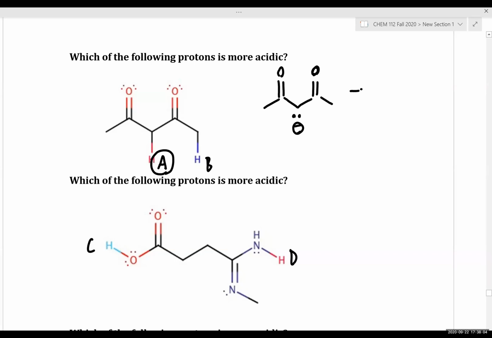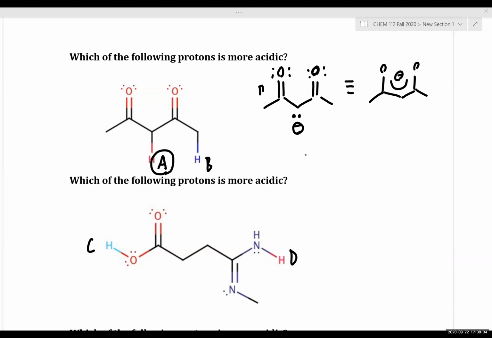In this case, we can clearly see that we can delocalize our anion into both of our adjacent pi systems. So we can really think of the conjugate base after removal of proton A to look something like this, where our negative charge is distributed across multiple atoms, many of which are electronegative.